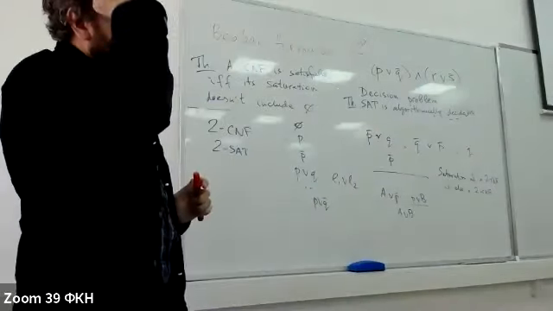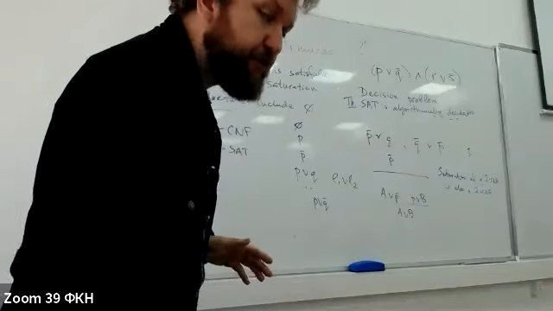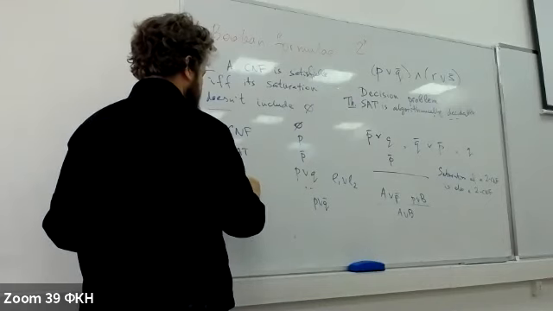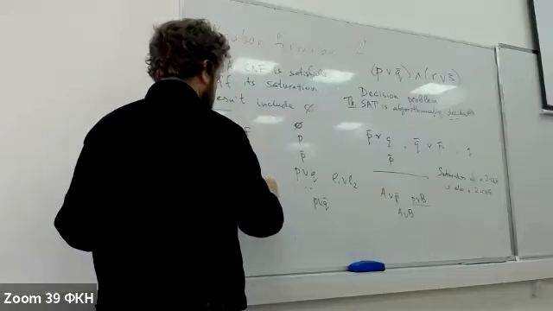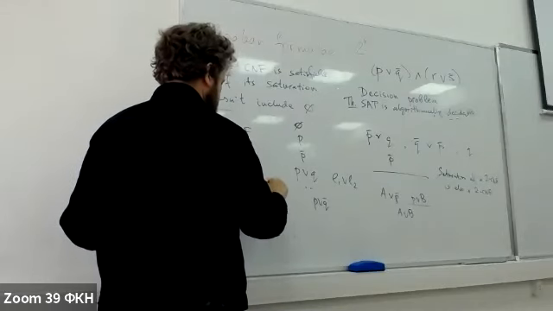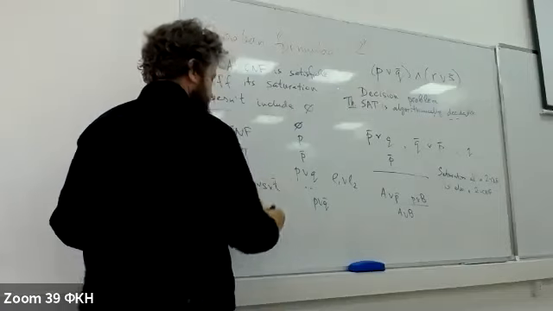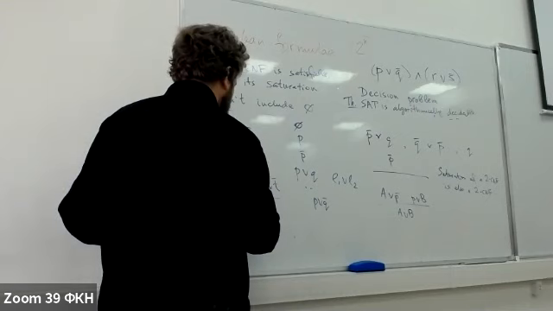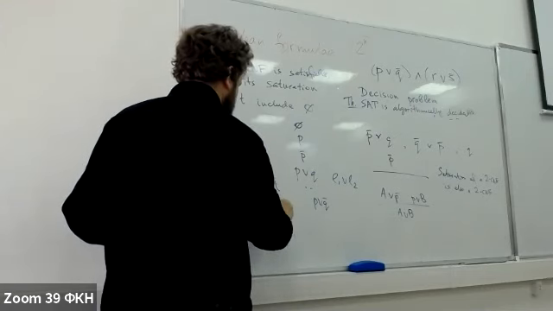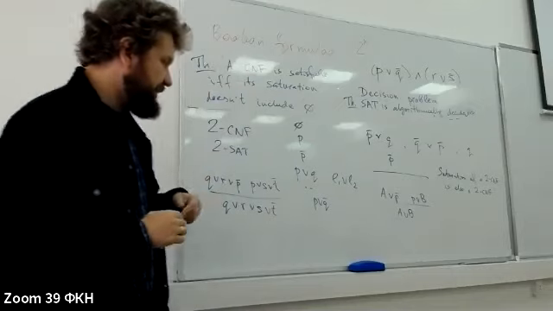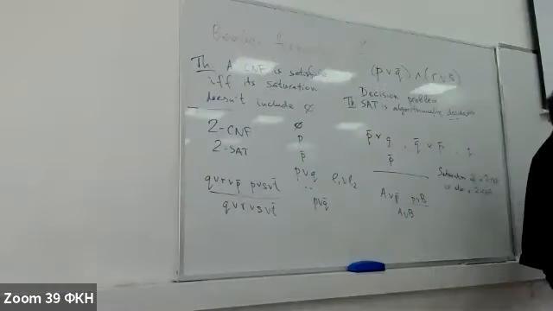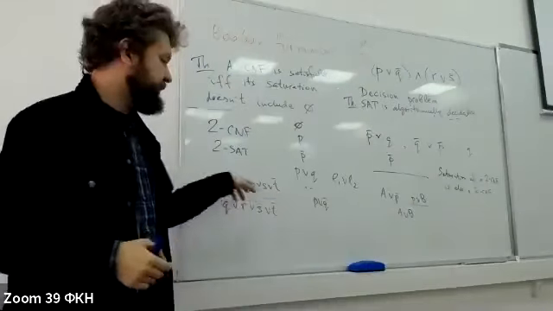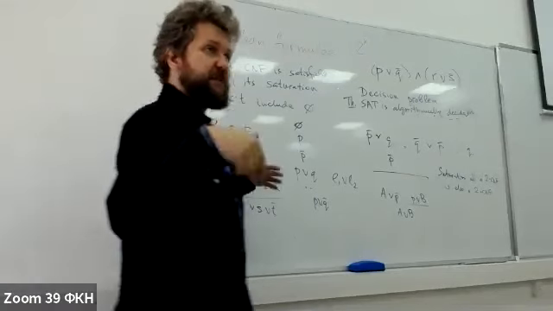This is a principal difference from 3CNF. If we allow 3 literals, we can do something like this: Q or R or not P, and P or S or not T. We apply a resolution and get Q or R or S or not T. So if we have at least 3 literals in a clause, then applying resolutions will grow the clause, and we can get exponentially many clauses.